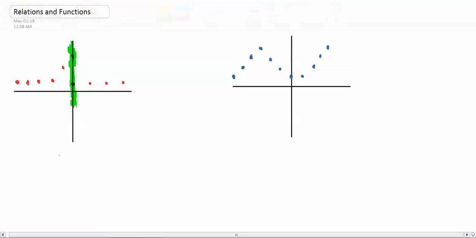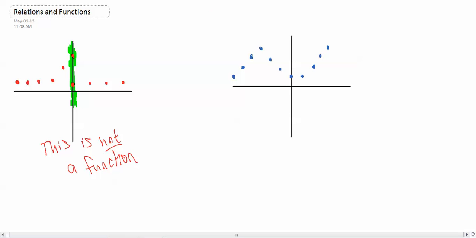So that says that this is not a function, because this data point here and this data point here are intersected by a vertical line.